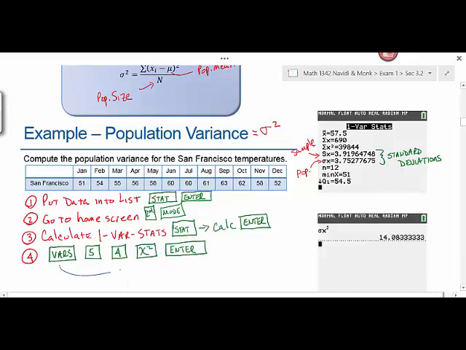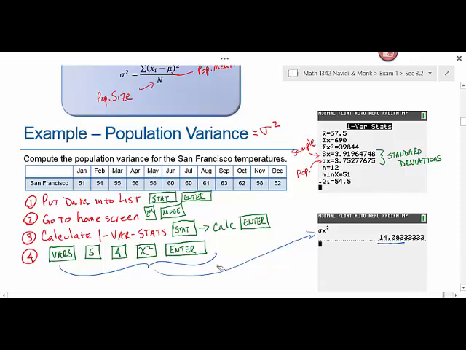When you go through these steps right here, it gives you this on your home screen, and this then would be our population variance. Make sure you put this on your calculator formula sheet. You do not want to show up to the test without having this written down, because I won't tell you during the test how to do this.